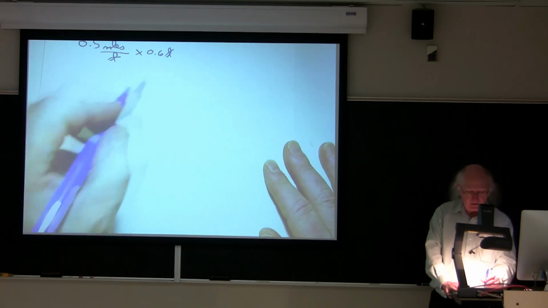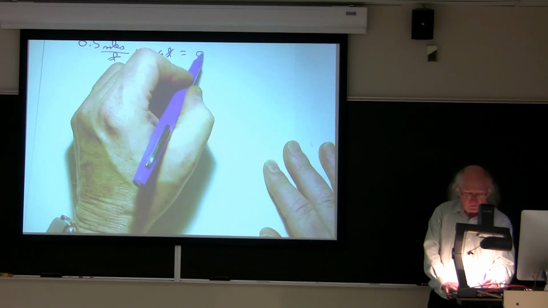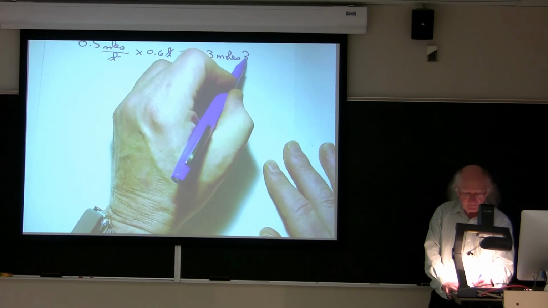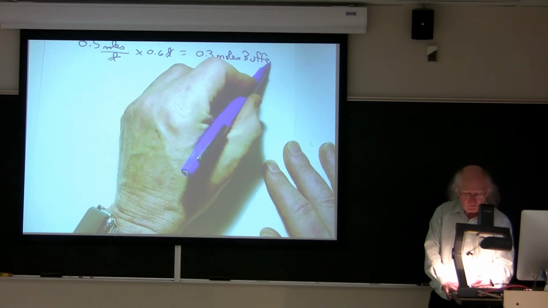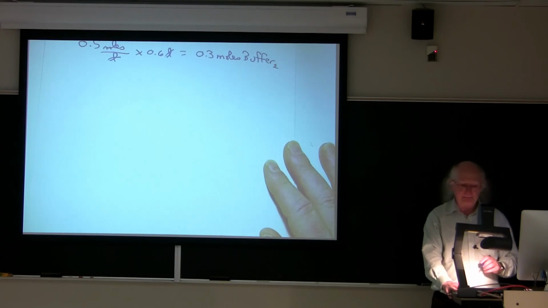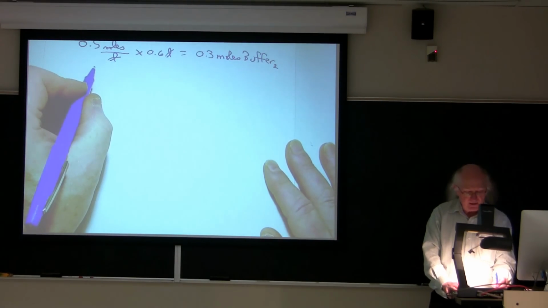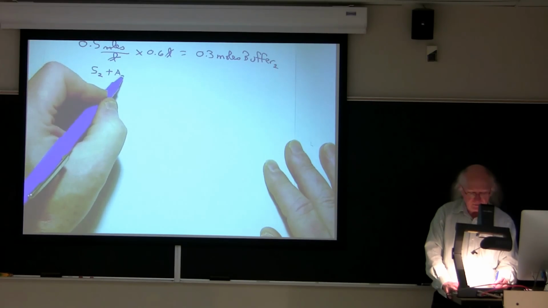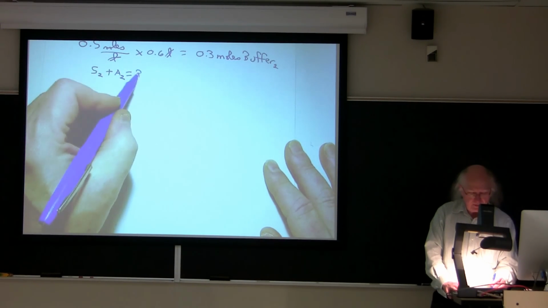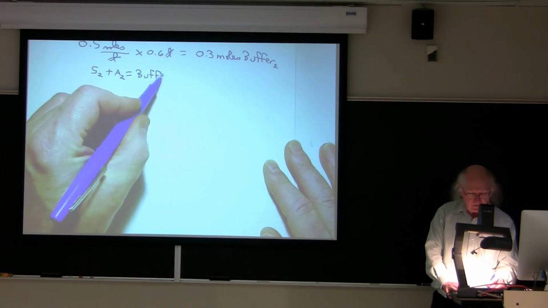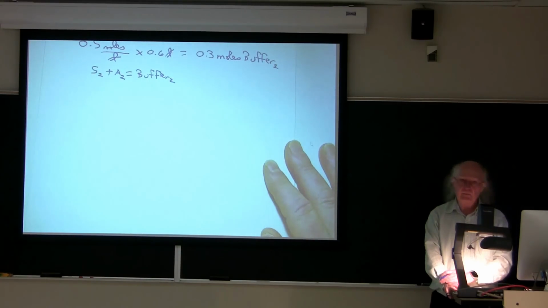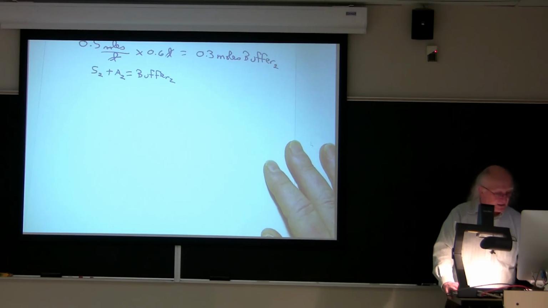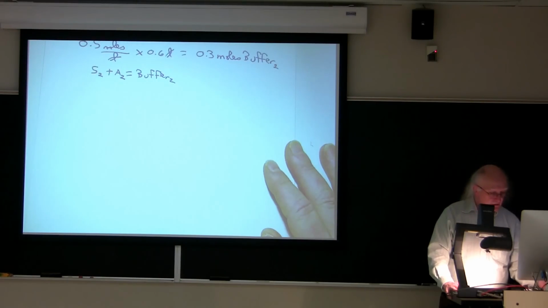So I now see that liters cancel liters, and I'm left with 0.3 moles of buffer in solution number 2. I'm going to put a little 2 down here to designate that. So I therefore say that salt in number 2 plus acid in number 2 is equal to buffer number 2.